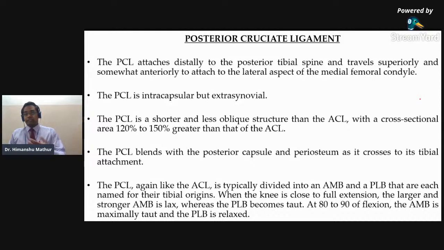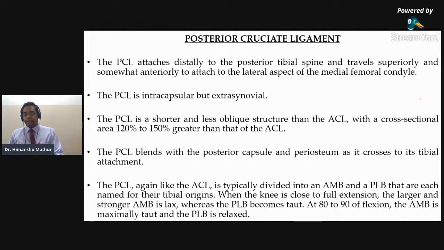So this is the posterolateral complex of the knee, which gets injured with the mechanism that we discussed. Now let us see what I've written here. The PCL attaches distally to the posterior tibial spine and travels superiorly and somewhat anteriorly to attach onto the lateral aspect of the medial femoral condyle.